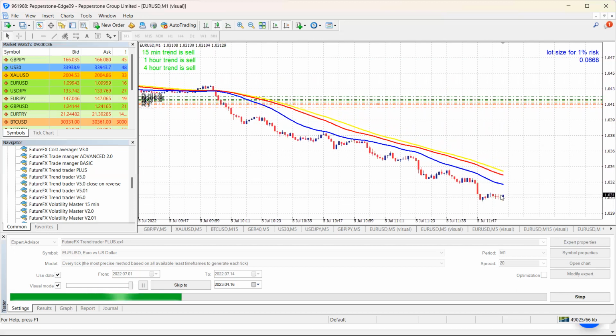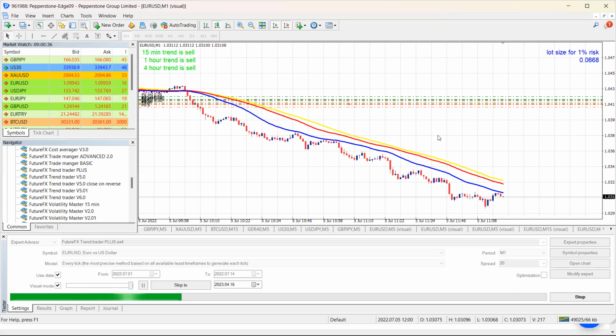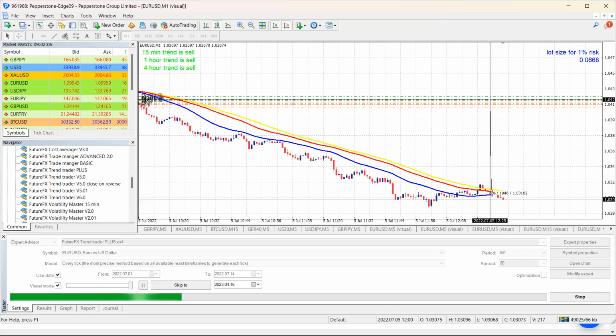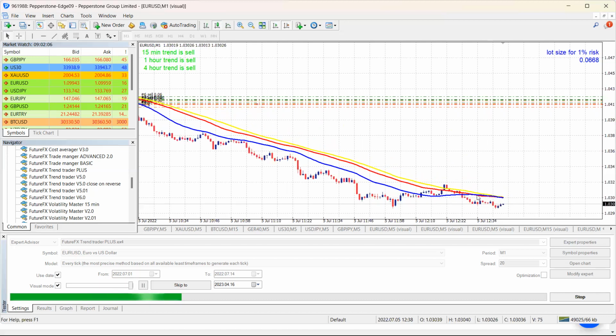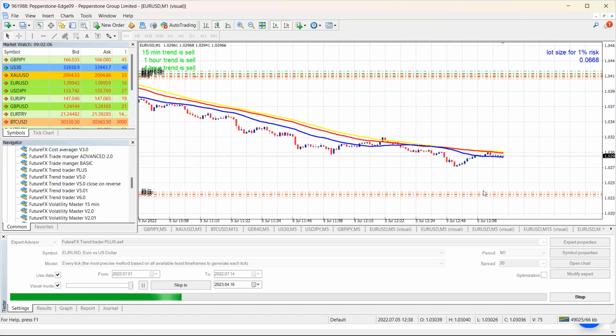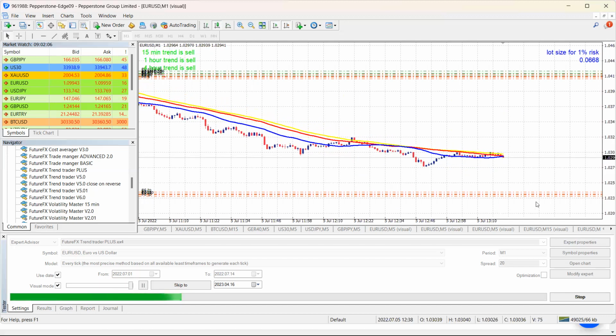It looks like it's in really big profit, but because it's just on the 1 minute time frame, that's not a huge distance. So from those trades down to where we are now it's still 100 pips, but we still need to get down to here to find the take profits.